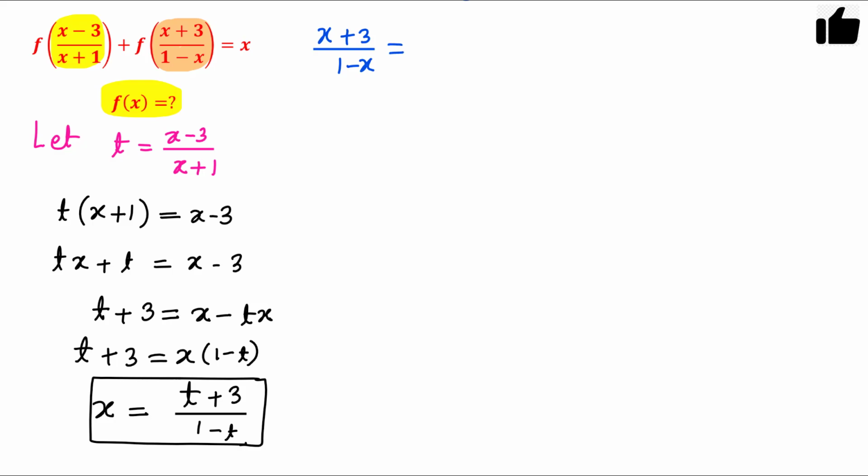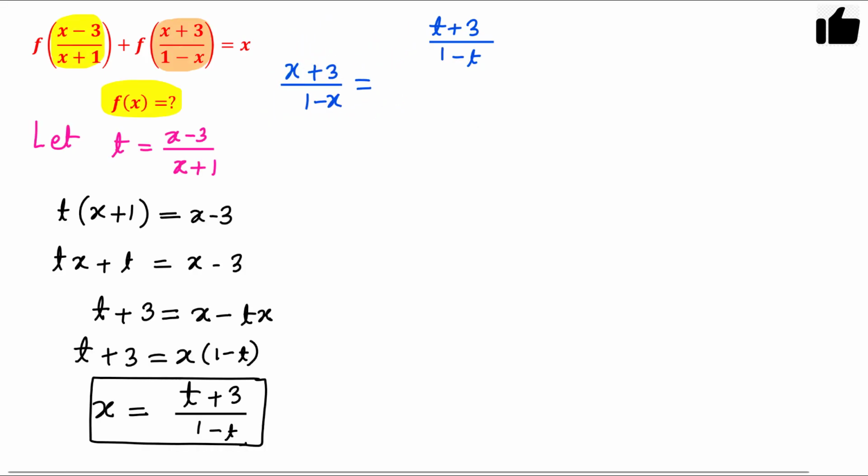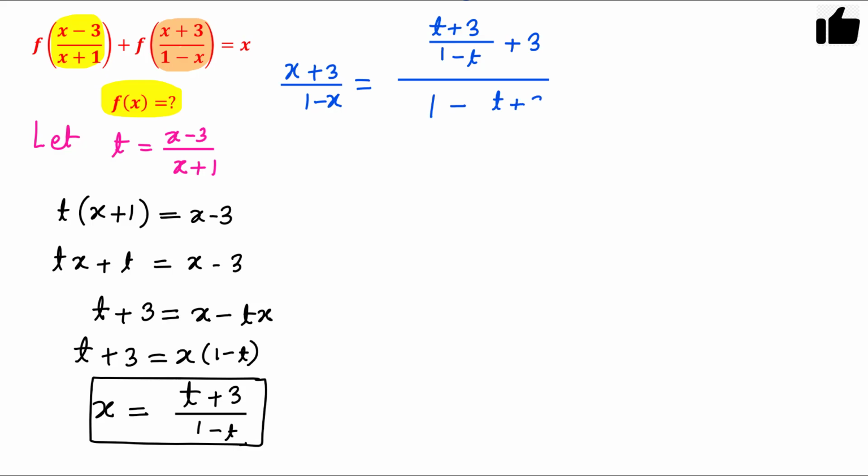So what is x? x is (t plus 3) divided by (1 minus t). So this will be that, plus 3, and this divided by 1 minus x, and x is again (t plus 3) divided by (1 minus t).